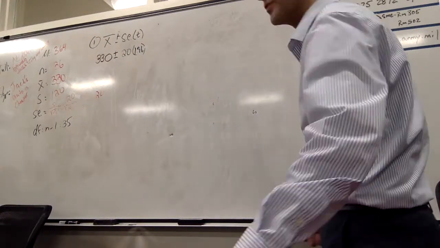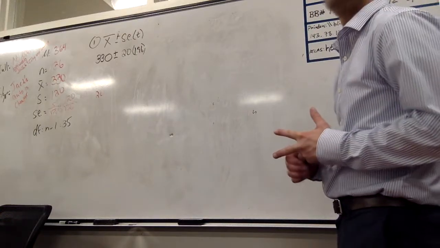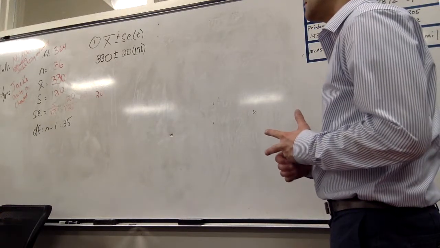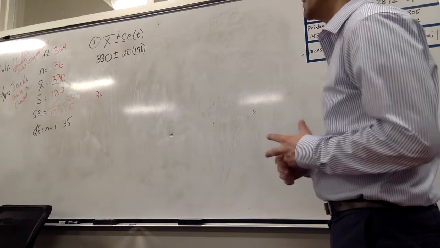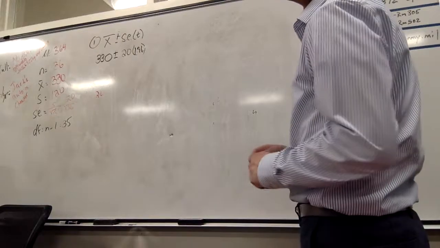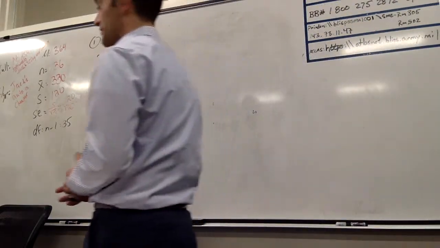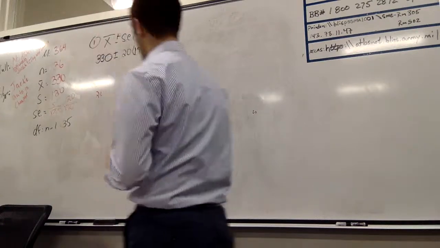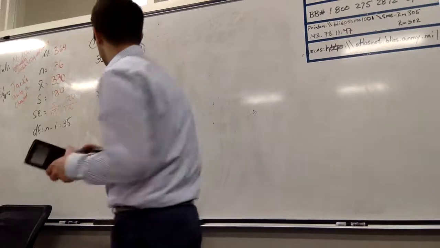Let me know if I'm going too fast or need more explanation. 1.96 is for 35 degrees of freedom, so you're in the infinity row, and when that hits the 95% sig column, it's 1.96.